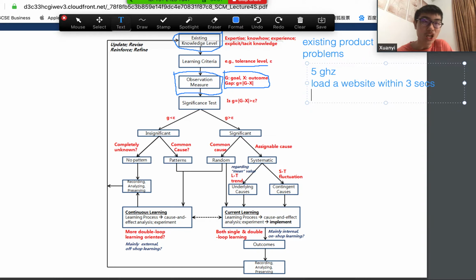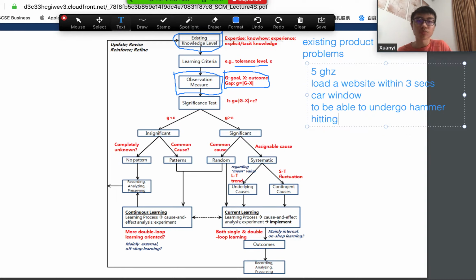If we are making some kind of bag, we hope the bag to be durable. Or let's say a car window: we are manufacturing a car window to be able to undergo a hammer.